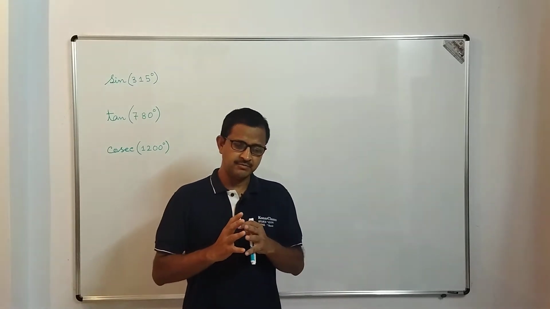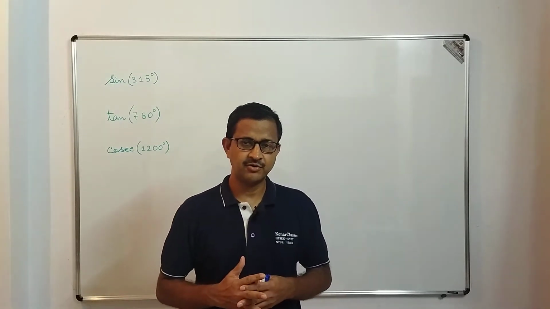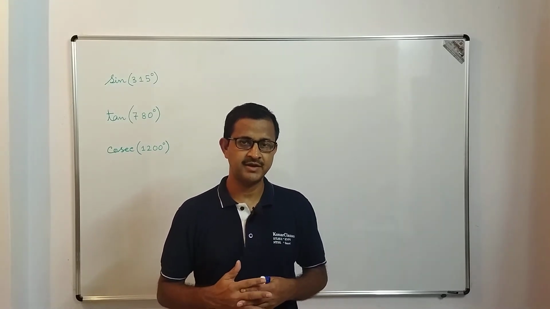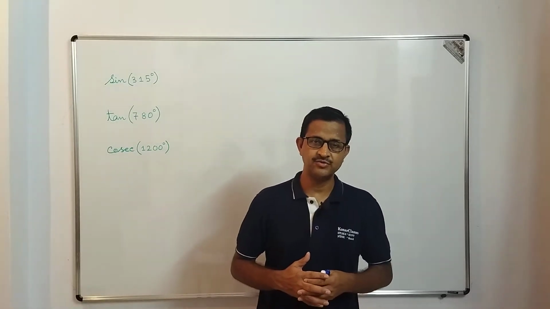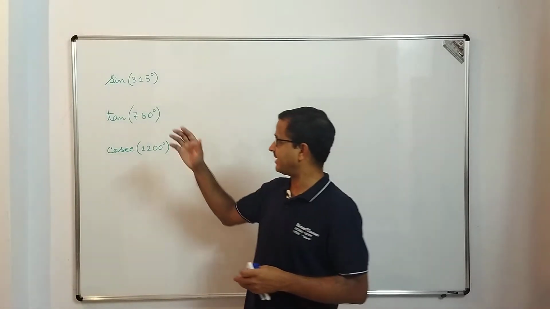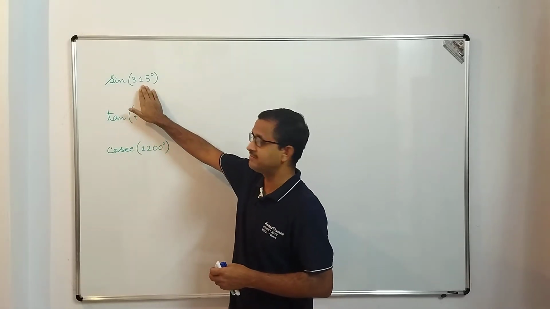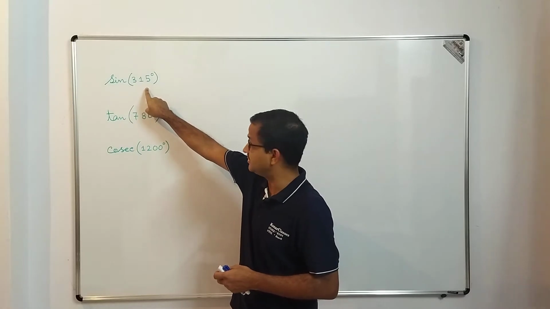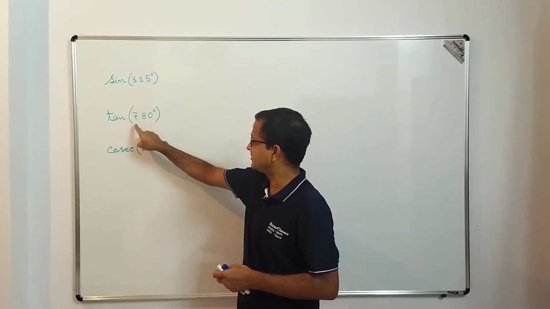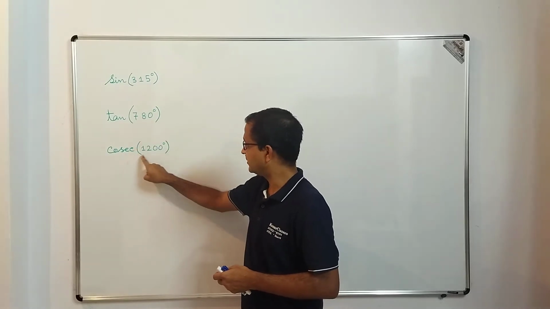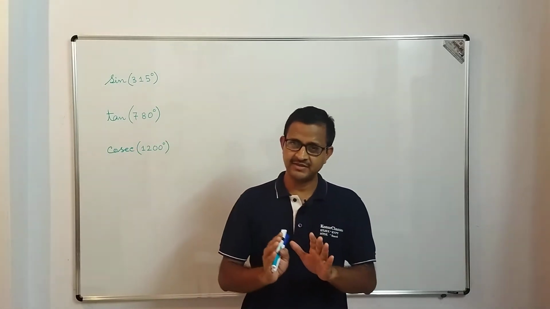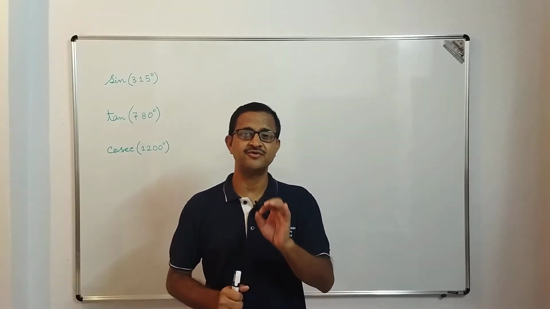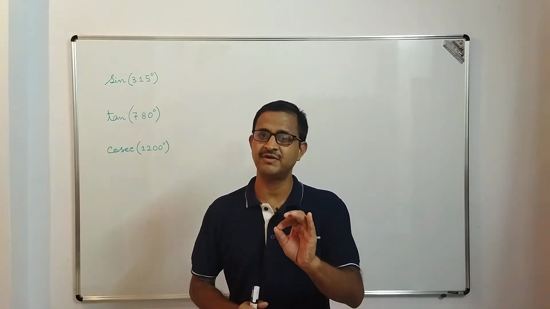So this kind of question I get from many students, those who have just passed out of class 10 and are in class 11: how to find the values of the trigonometric functions when the angles are relatively larger, like 315 degree, for example, what is the value of sine 315 degree, tan 780 degree, cosec 1200 degree. We will see that finding values of these trigonometric functions of large angles is very easy, very simple. You just need to spend a few minutes.